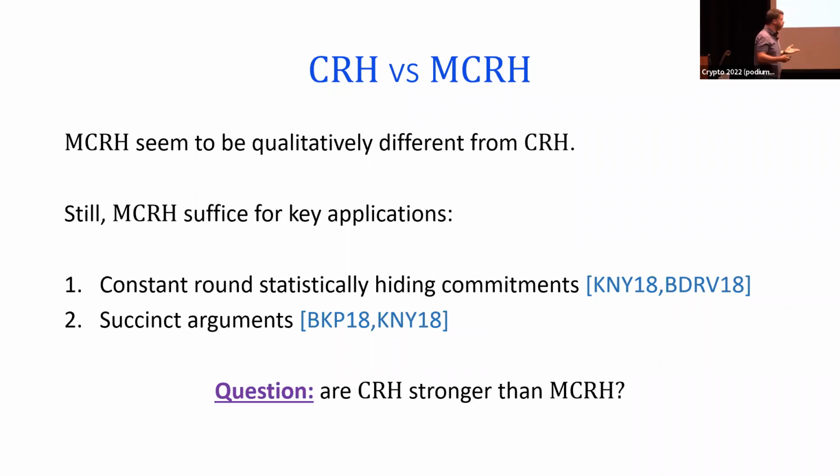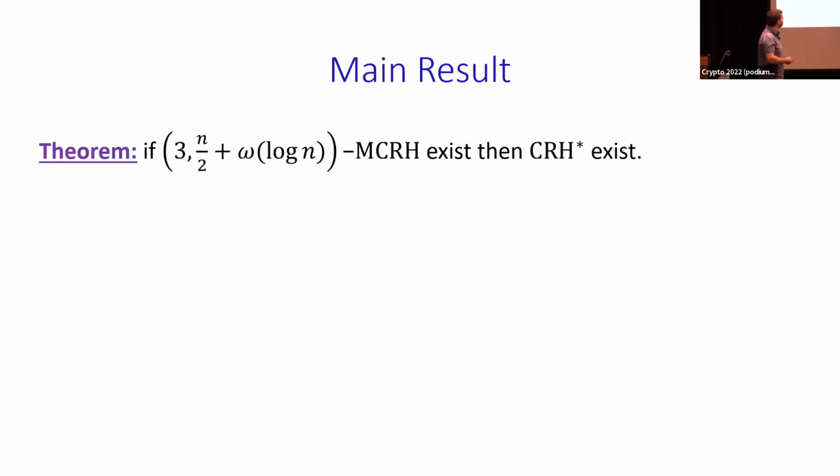What we show in these works is that in some regimes, you can go from this seemingly weaker notion and get a full CRH. Let me tell you what the results are. For the first main result, we consider three-way MCRH, so it's hard to find three-way collisions.